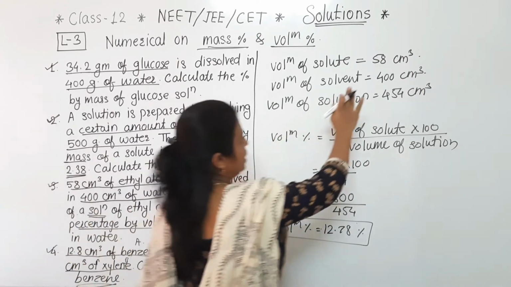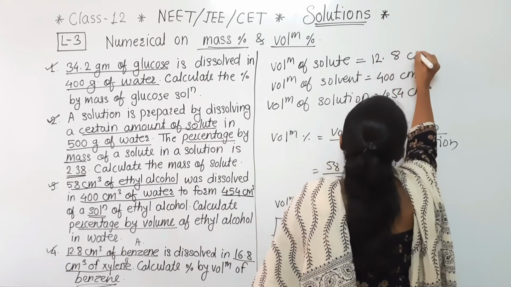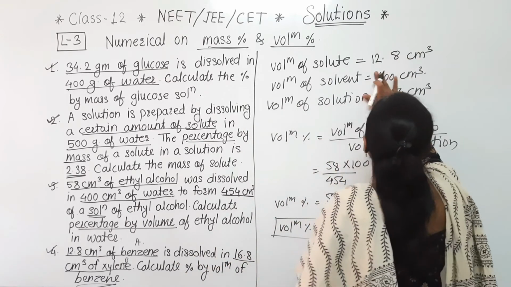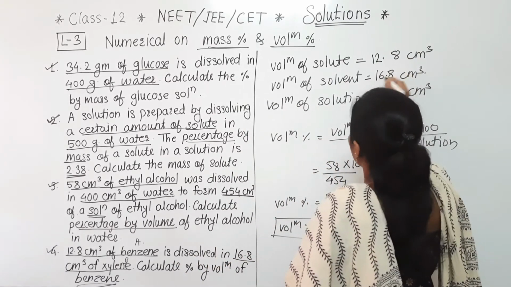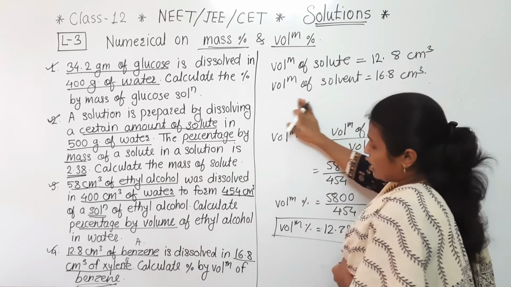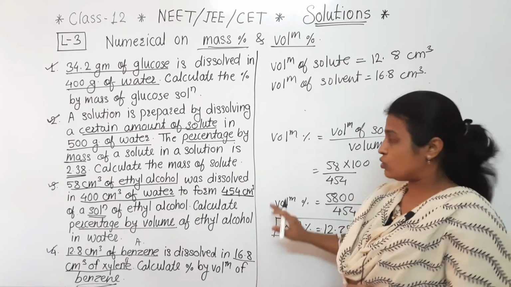What is the volume of solute? That is 12.8. Instead of that, I will write here 12.8 centimeter cube. After that, they have given 16.8 centimeter cube of xylene, and xylene is the solvent. Here they have not given the volume of solution. So what to do?